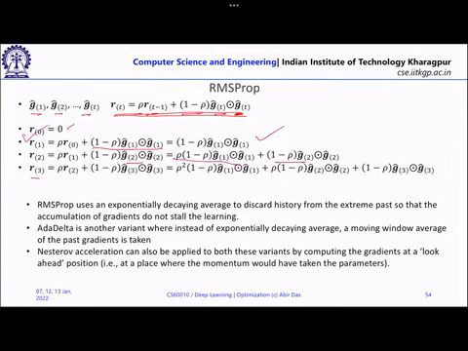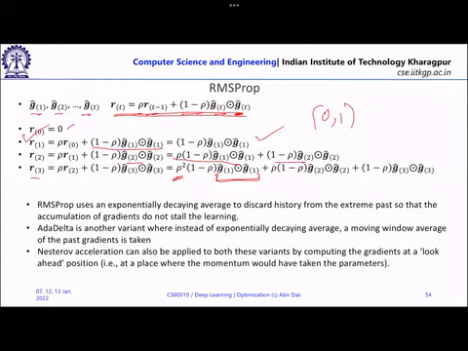Similarly r3. Now if you see r3's value, the g1 component, the square of the first iteration step's values, is multiplied with rho square, right? In r4 it will be multiplied with rho cube and so on, but rho is a value between 0 and 1, so it will decrease.